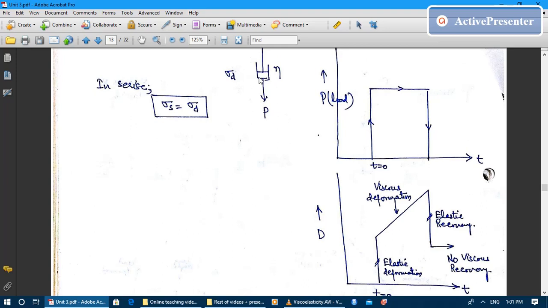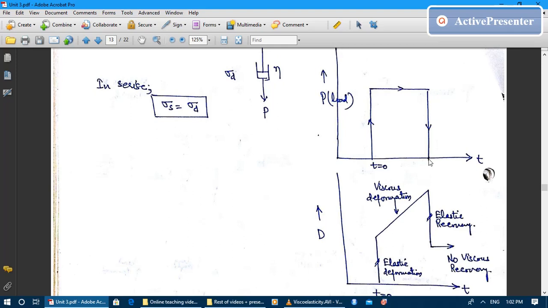Then the dashpot, which is connected in series, will start deforming at the same time at some particular rate. You can see this straight line at some angle; this angle defines the rate of deformation. So the dashpot will keep on deforming, and this deformation is known as the viscous deformation, because the dashpot represents the viscous element, and it will keep on deforming unless we remove the load. Let's say at time t we remove the load and it comes back to the 0 value.